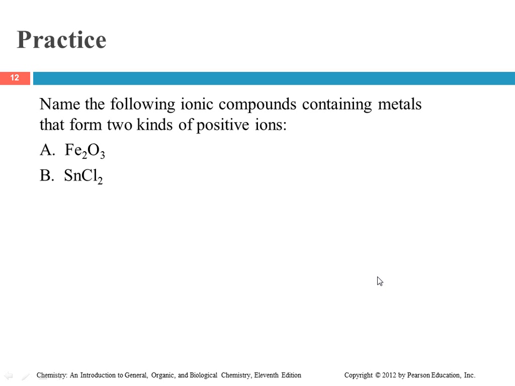So it's just a process of elimination, really, because we know the oxidation state on oxygen is always 2 minus. So if we put this in, 2 times x plus 3 times negative 2 has to equal 0.